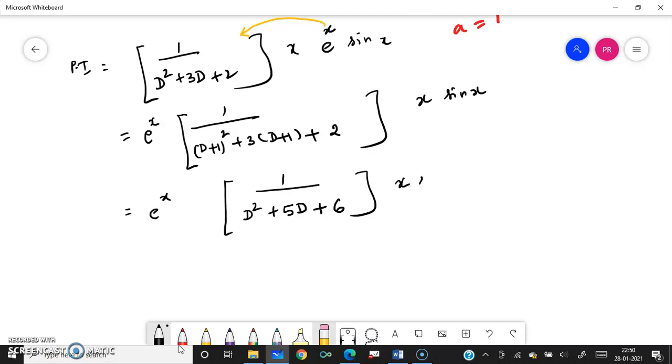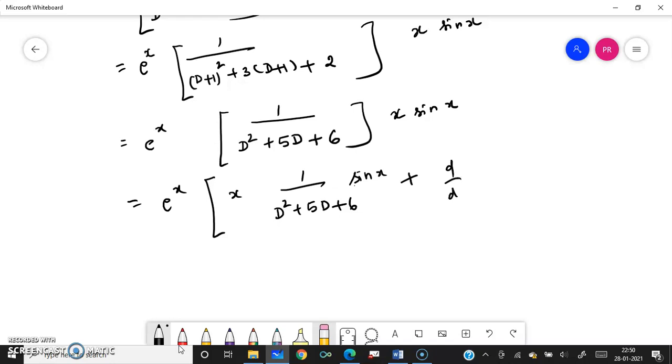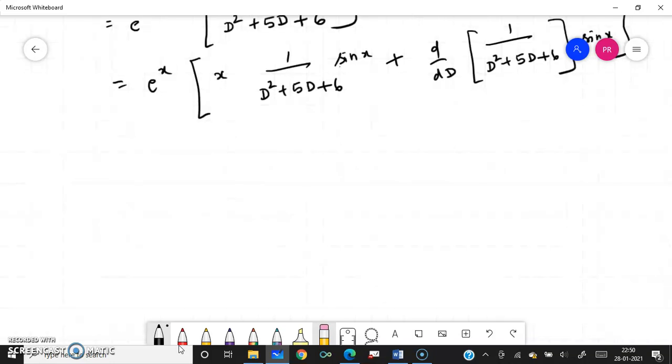Then we should use the formula: x into 1 by f of d into v of x is x into 1 by f of d into v of x plus differentiation of 1 by f of d into v of x, where v of x is my sin x.